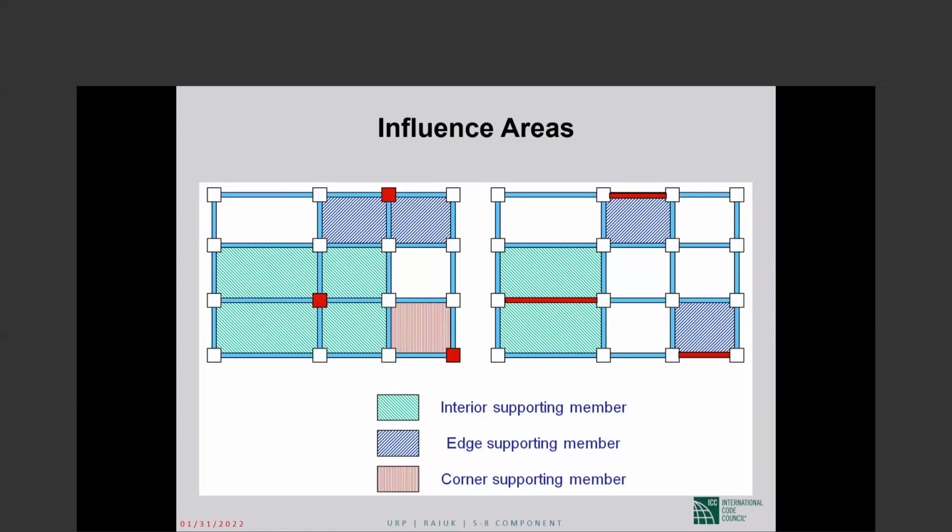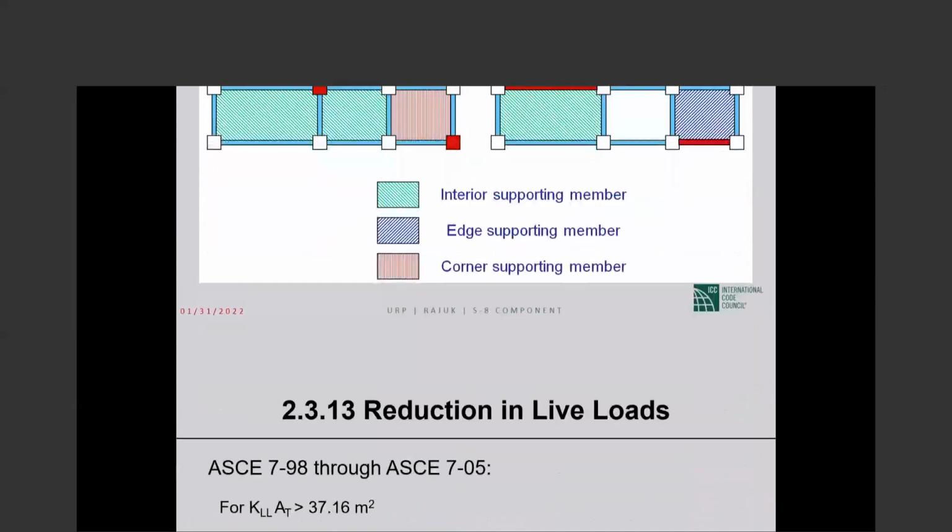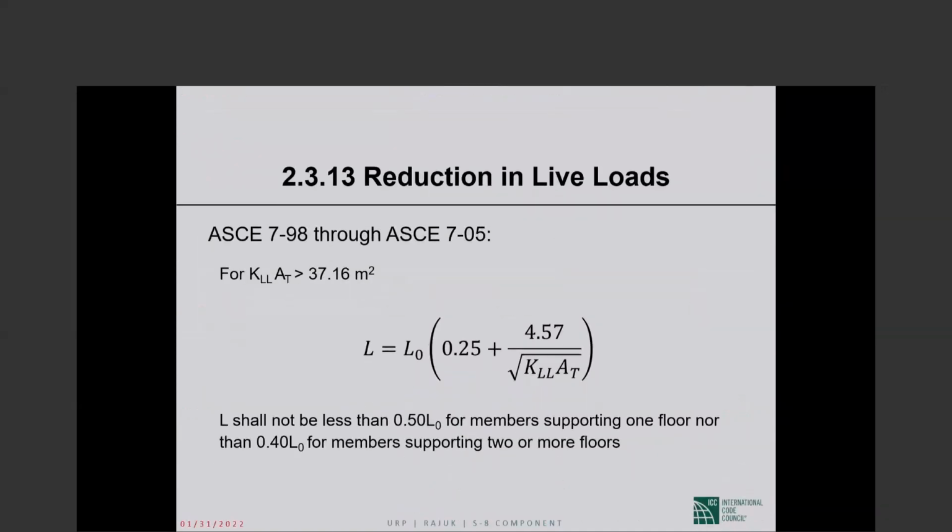AC 795 introduced the formula that I showed you and also included this picture in the commentary to explain what the influence area is. But there was quite a bit of confusion about what influence area is when there are overhangs. People didn't understand what the influence area is.